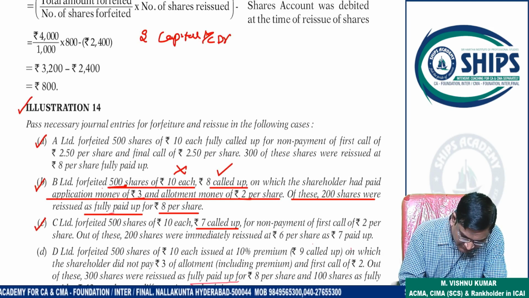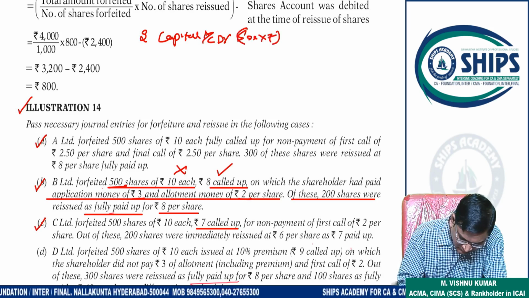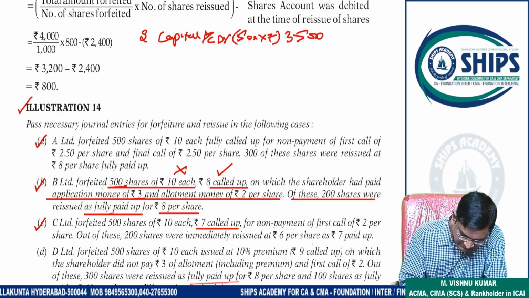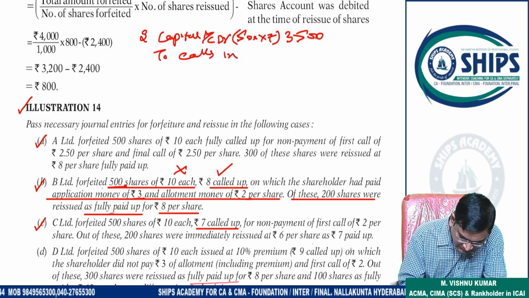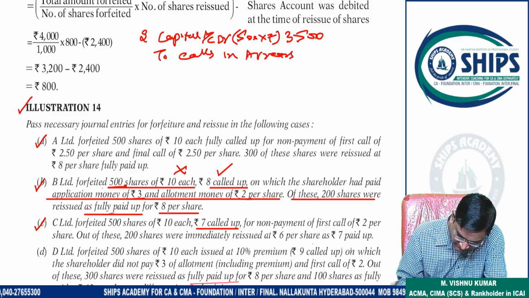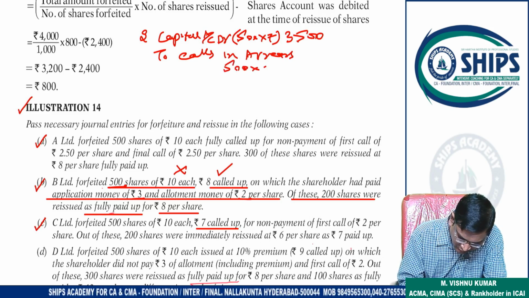Share capital account debit. How many shares forfeited? 500 into 7, so 3500 here. To calls in arrears for non-payment of first call given, 500 into 2 not paid.